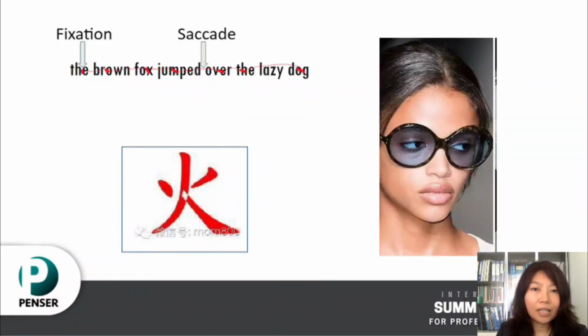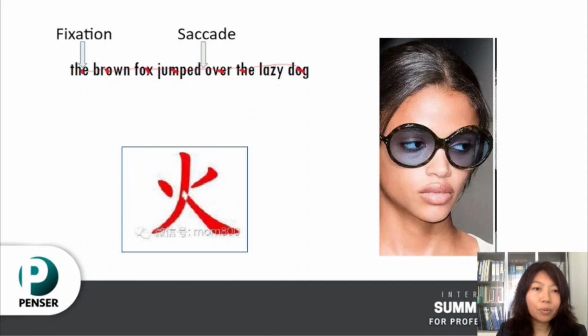So these are examples of the fixation and saccades we use in the classroom. When we read a sentence, we have fixations and saccades. Different people have different reading speeds, and studies show that if a person has fewer fixations and more saccades, the reading speed is increased.